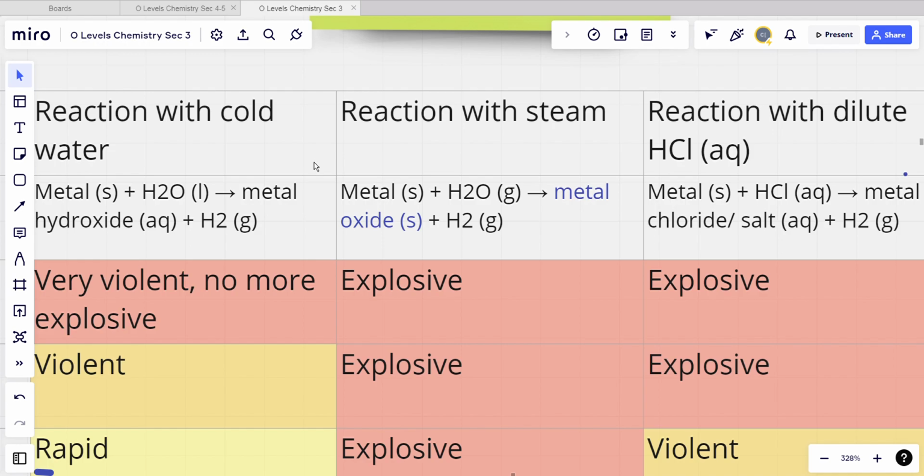Reminder, in all 3 cases the gas is H2, H2, and H2. That hopefully makes it easier to remember. Okay, so yeah, these 3 reactions for metals. That's all. Only 3.